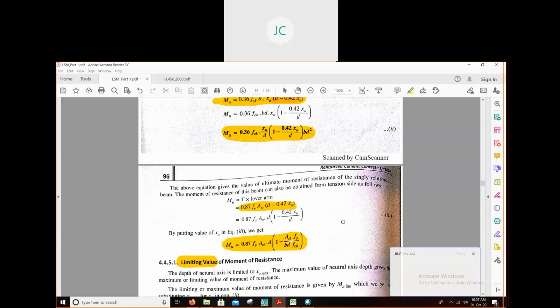I am asking you for underreinforced section, which equation you have to use? Equation number 2 or equation number 3, or we can use both the equations?